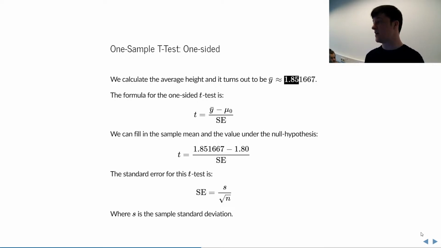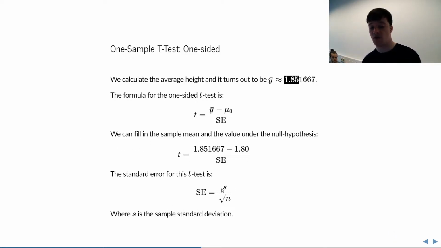Now, the standard error is a measure of uncertainty. So the greater the standard error, the less certain we are, the weaker our evidence. And the smaller the standard error, the more precise this difference is, and the more certain we are that there is a real difference. Now, what is the standard error comprised of? The standard deviation and the sample size. That should make sense intuitively, because if individuals differ a lot from each other, then there is more uncertainty. And if everyone is more or less the same, then you're very certain about your results.